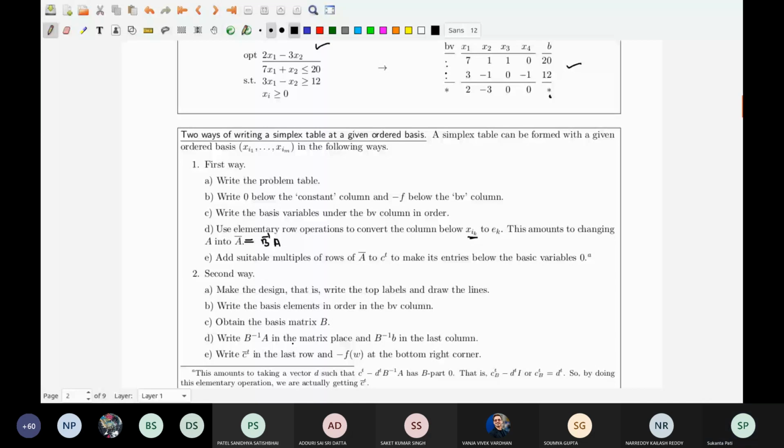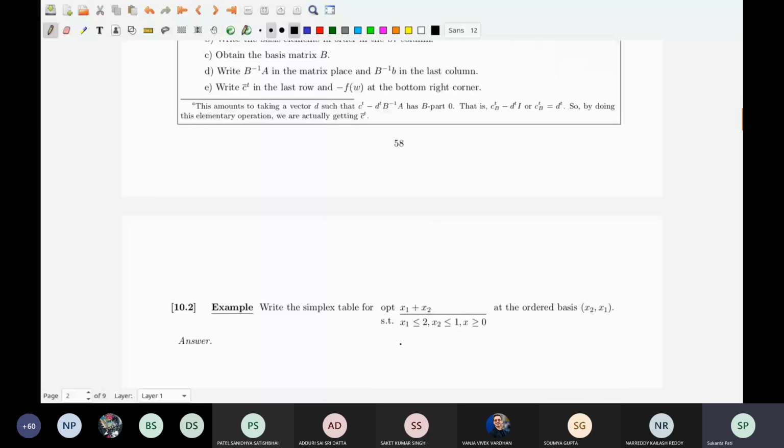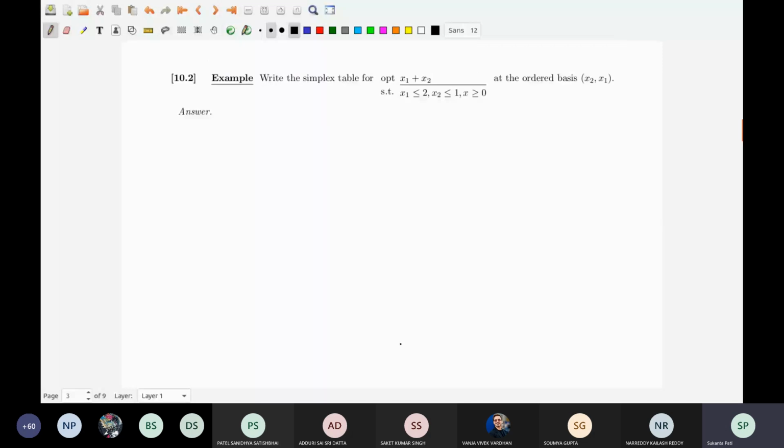Now, a better thing would be an example. So let me write this one. First of all, the problem table for this. So let us do the first way. For the first way, I will have to write the problem table.